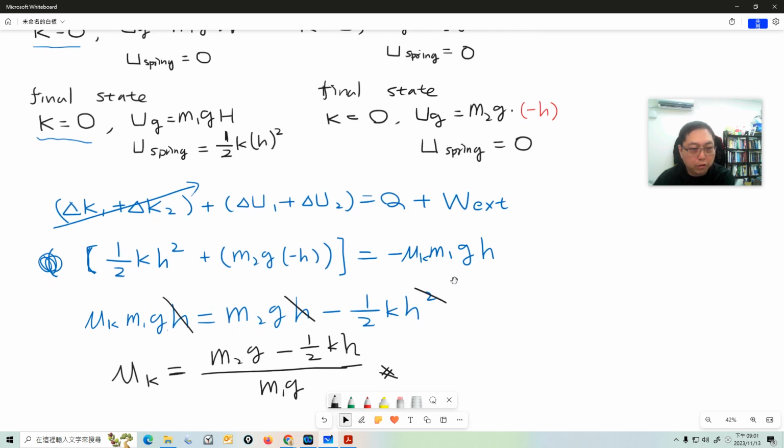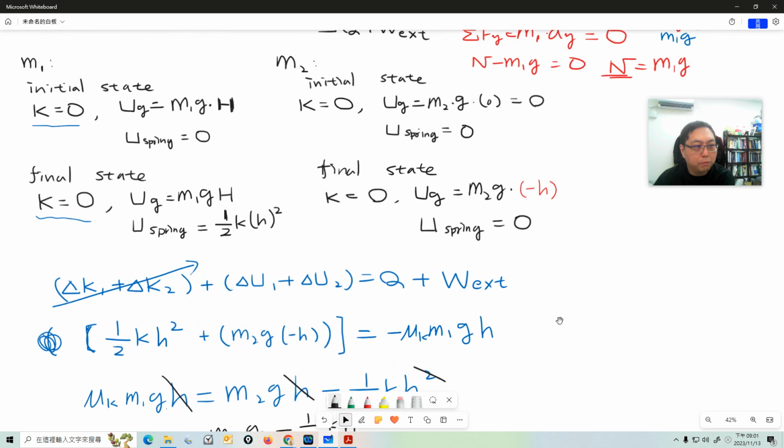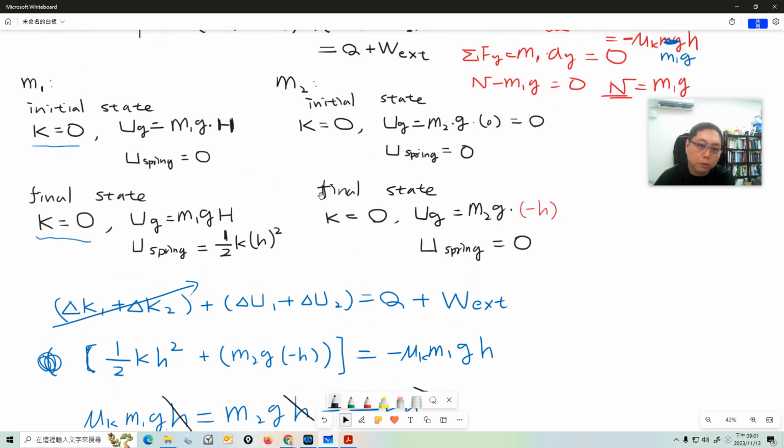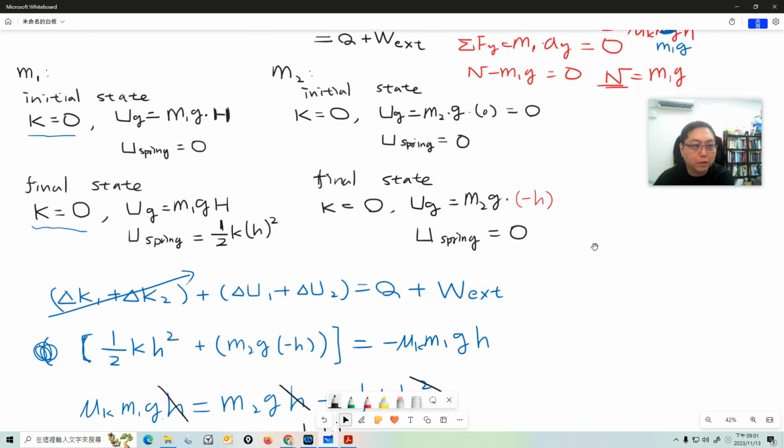The final calculation is not very difficult, but because there are two objects, you have to consider many things. Don't forget how to calculate your heat. Heat is mostly generated by friction, so you need to calculate the work done by friction. You need the friction force and the distance, because work equals force times displacement.